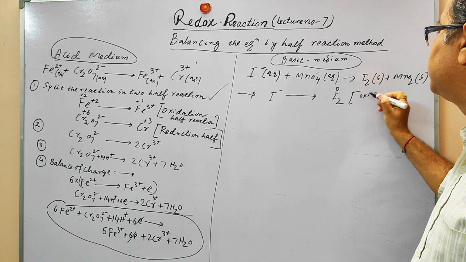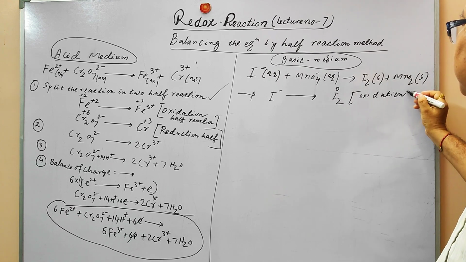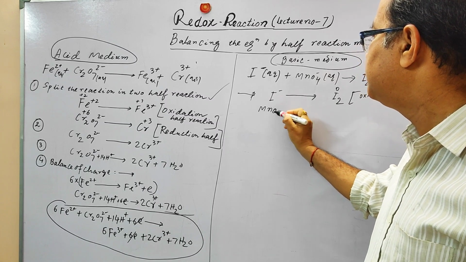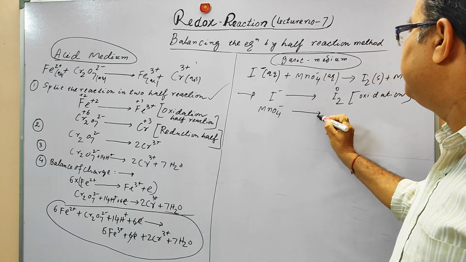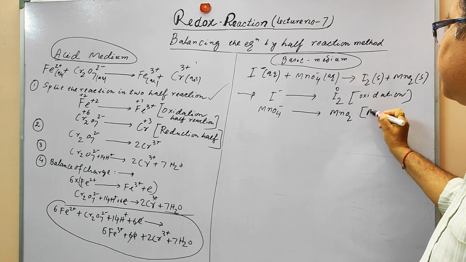So this is the oxidation half reaction. Second, the reduction half reaction: this permanganate ion will become MnO2. This is the reduction half reaction.